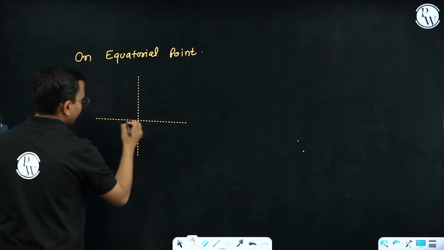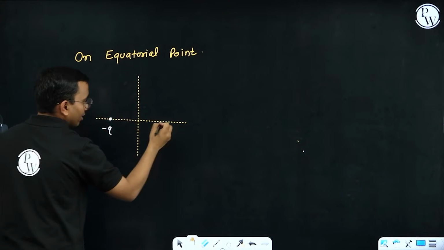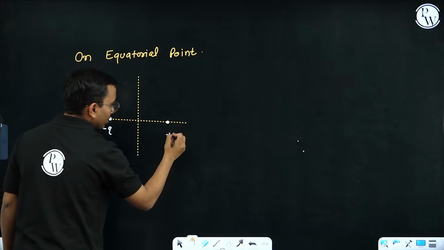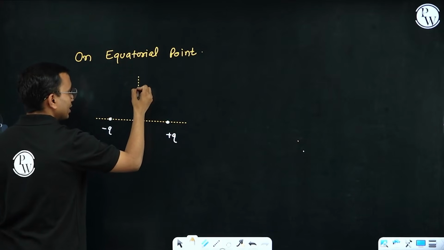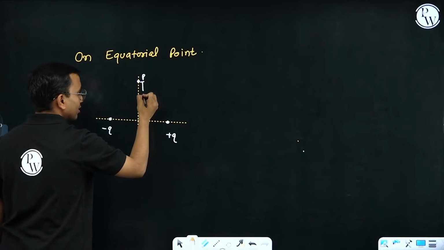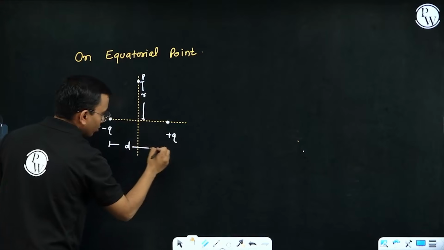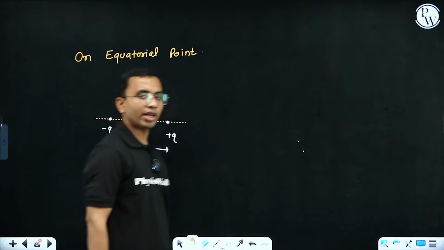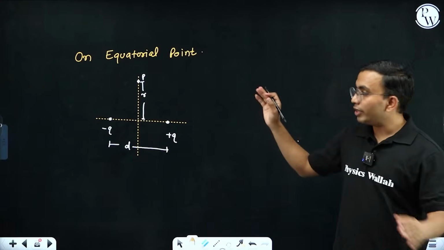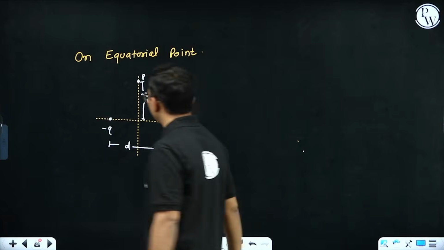Considering this is my minus q charge, this is my plus q charge, there is a point P somewhere here at a distance r, and the distance between the two charges is d. What I will do is write the electric field due to each point charge there and take the resultant of that. Let us do that.